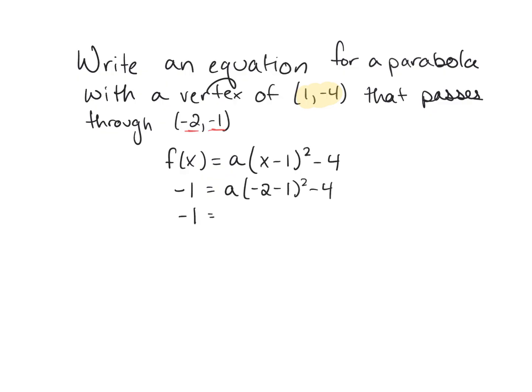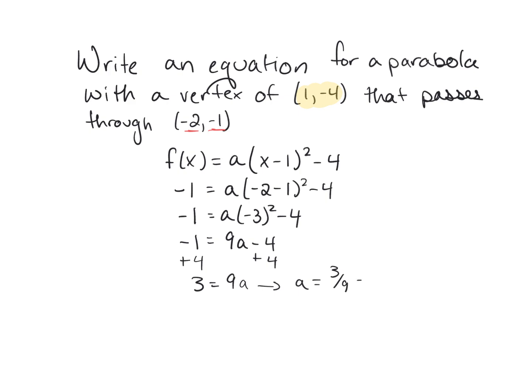-1 is equal to a times -3 squared minus 4. So I'm going to have 9a minus 4. Add 4 to both sides. I'll end up with 3 is equal to 9a, which means that a is equal to 3 over 9, which simplifies to 1/3.